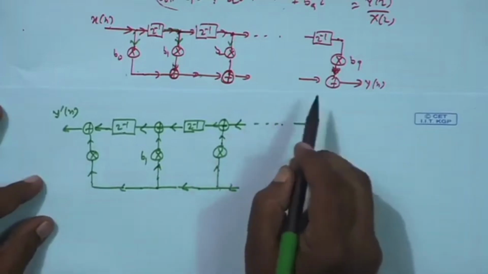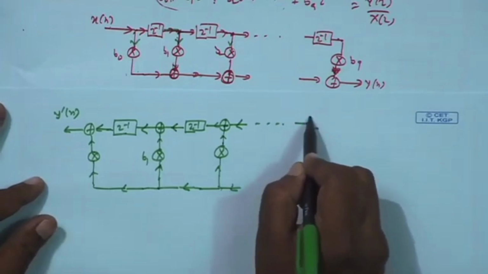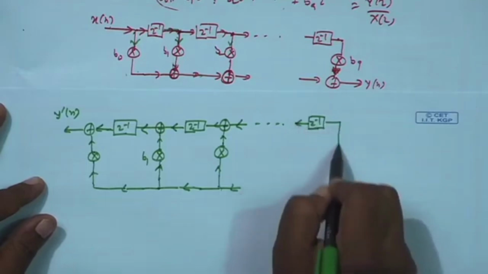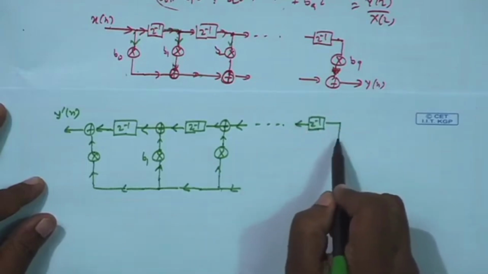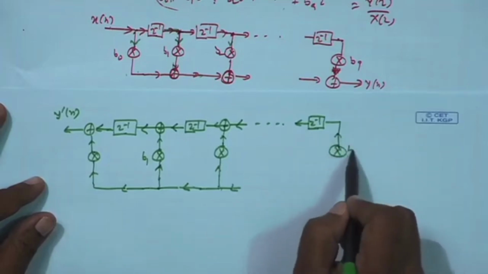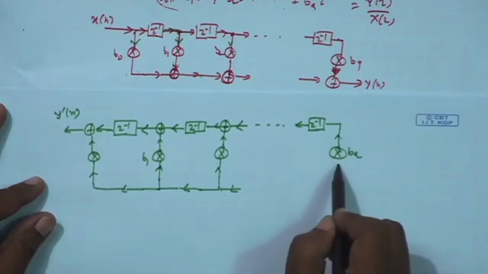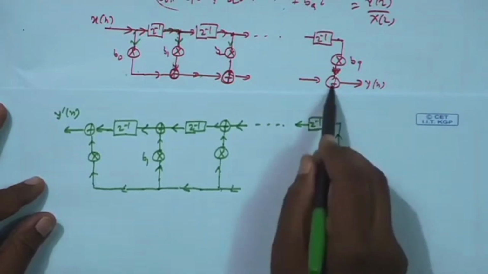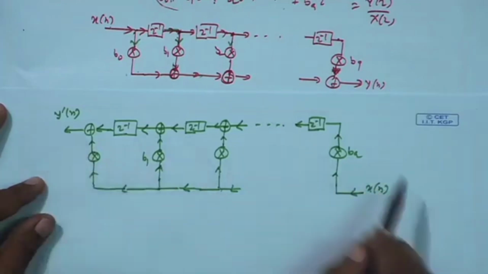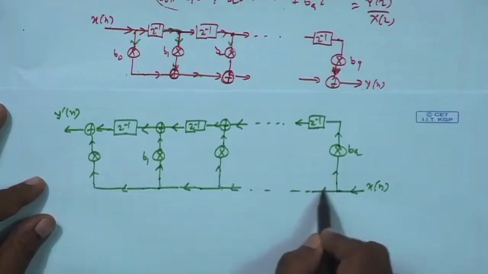Finally, again this is a branching point. I give the same input now, input output exchange. This is the input now, dot dot dot dot in this direction, right.